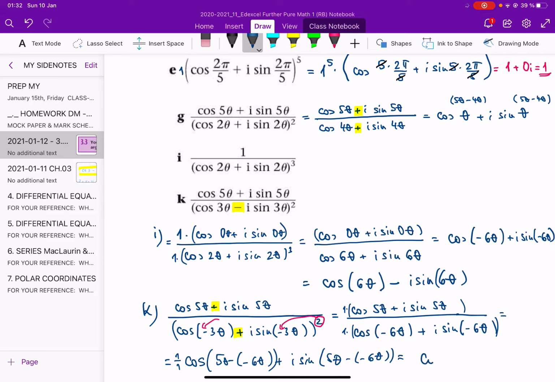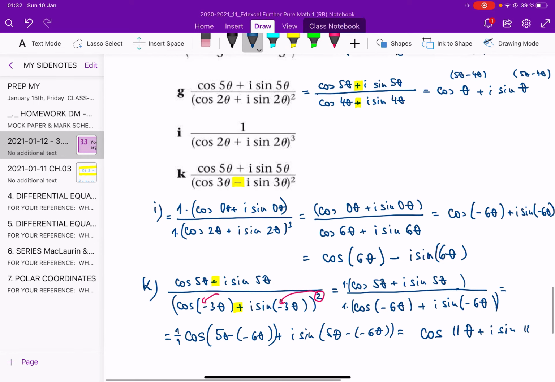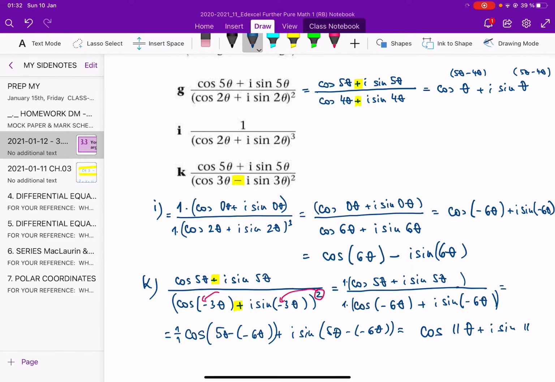So I have cosine 11 theta plus i sine 11 theta. Wait, let me see. I have 5 theta minus 6 theta. Yes, that should be fine. Good.